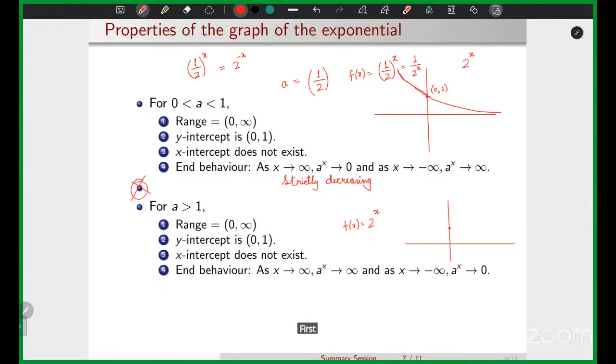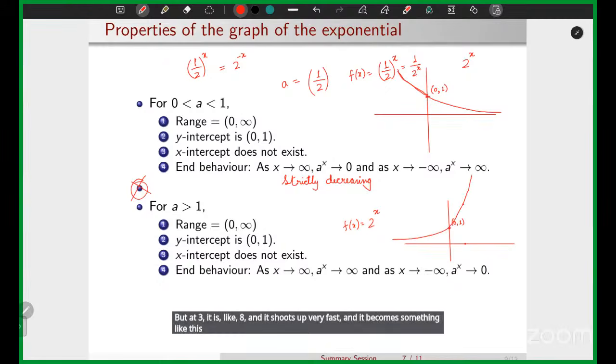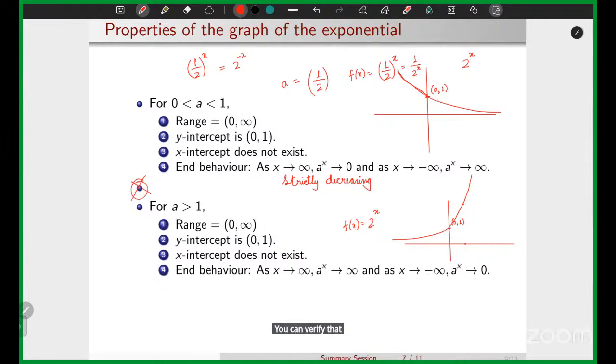First of all, we'll again note that (0, 1) is still there. And let's say at 1, what happens? It is 2. But at 3, it is like 8, and it shoots up very fast. And it becomes something like this. You can verify that this is how it acts.